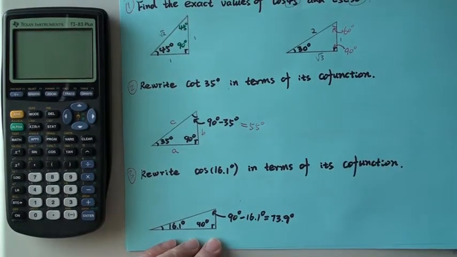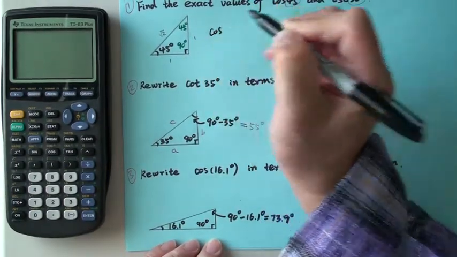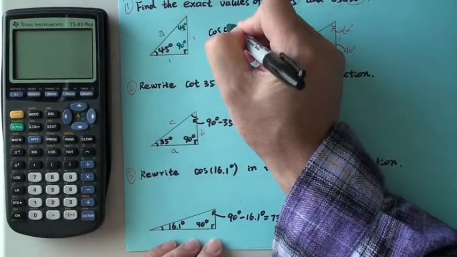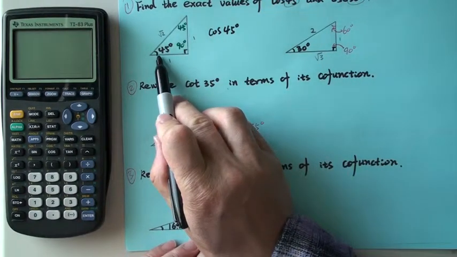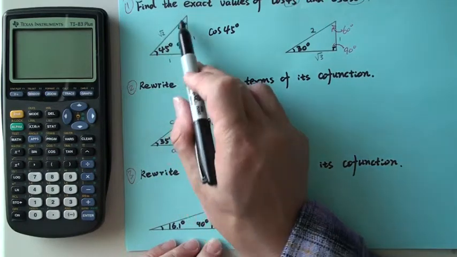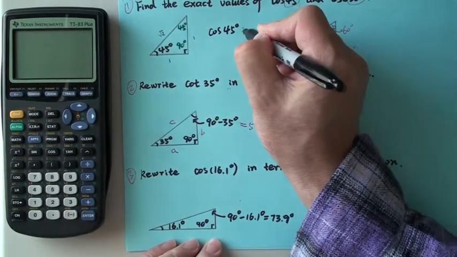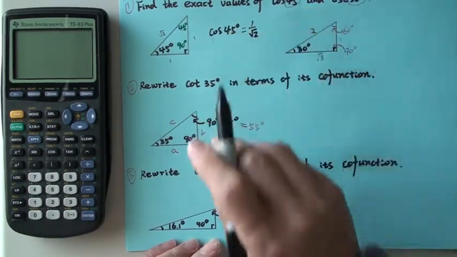Okay. So the first one, cosine 45 degrees. You can choose either one. Here is cosine 45. That's the adjacent over hypotenuse. So that's 1 over radical 2.